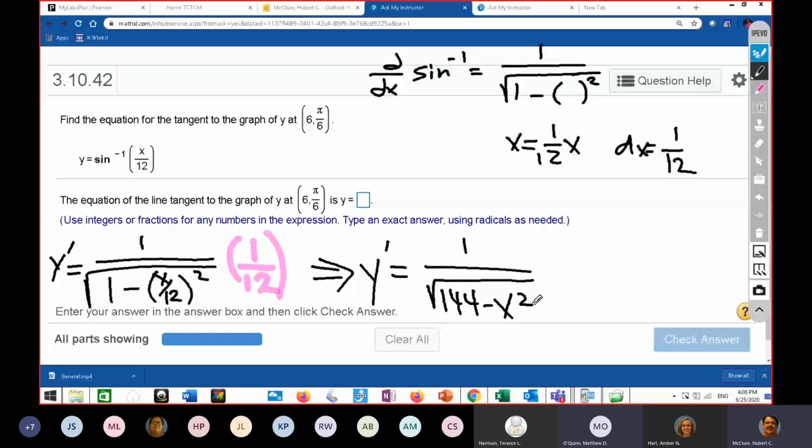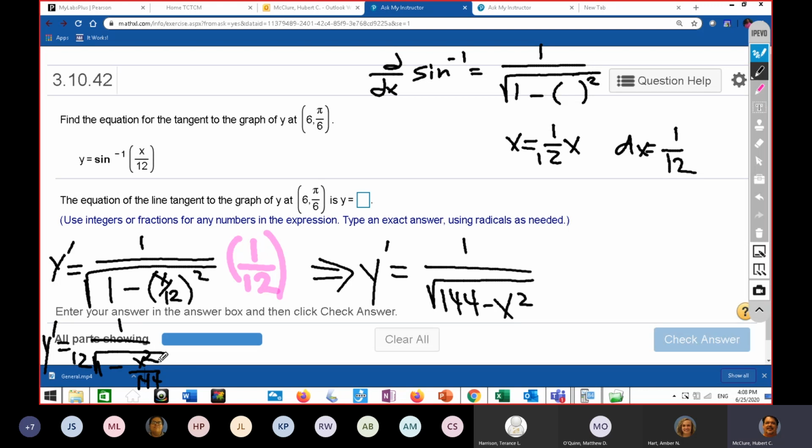The 1/12, that 12 will come here. So you'll have y prime is equal to 1 over 12 times the square root of 1 minus x squared over 144. Now you can't distribute a 12 among a radical, but what can you distribute? Another radical.